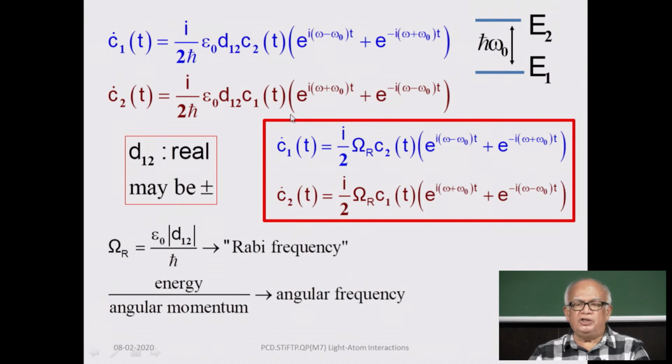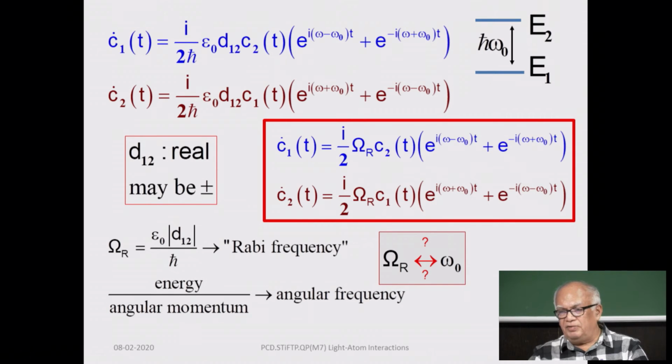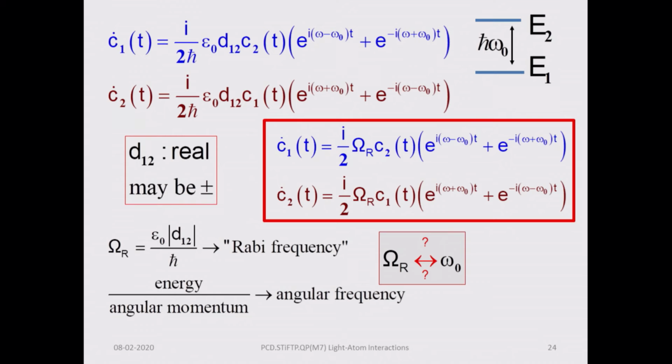It is the same equations which have been written here, except that we have now introduced what is called the Rabi frequency. And we have to ask if this is going to be the same as the resonant frequency. Is it different? Are there other factors to consider when we talk about the Rabi frequency? We will also introduce what is called the generalized Rabi frequency. So, we have to be alert to the details of this particular term. It is going to play a very important role in our analysis.